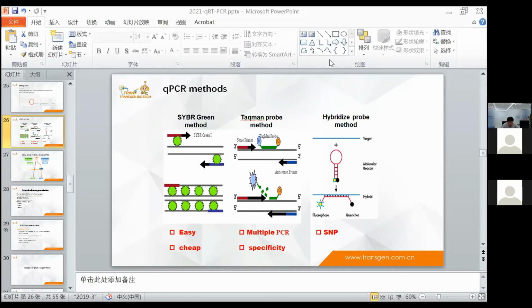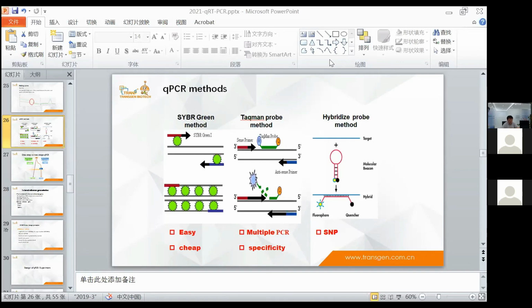Is there a way to check the quality of the cDNA? Unfortunately, there's no way to check the quality of the cDNA. I've heard some clients use the NanoDrop to detect the cDNA and get signals, so they think they can check the quality of the cDNA.